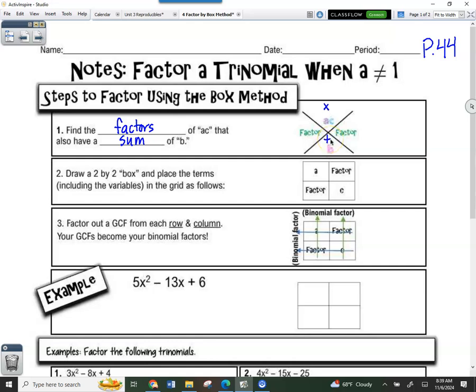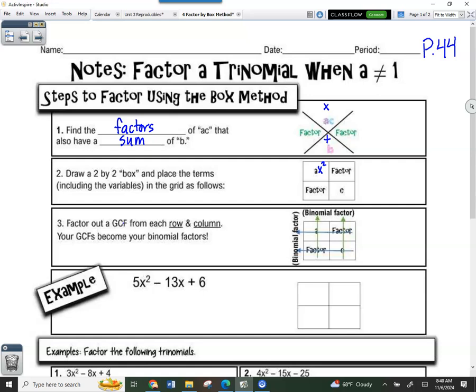This should look familiar. Then you're going to draw a 2x2 box, a grid, and you're going to fill it in like this. This is how you fill it in. Ax squared goes here. The 2 factors go here in the diagonal, and C goes here. Then you pull the GCF.